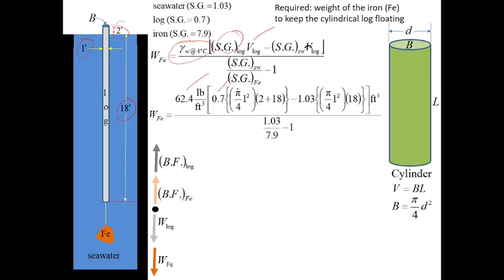Pi over 4 d squared. So, 1 squared. So, area pa lang yan. Ito, area. Yan ang B. Tapos, ito yung L. BL para sa volume of log. Okay? So, ang kanyang height or length ay 20 feet. 2 plus 18. 20 feet. No? BL. So, ito yung volume of log. Okay?